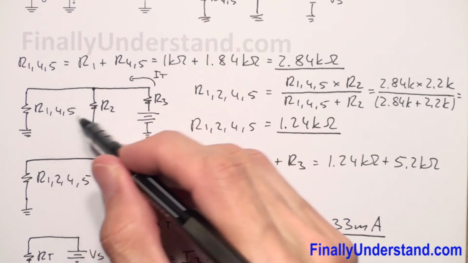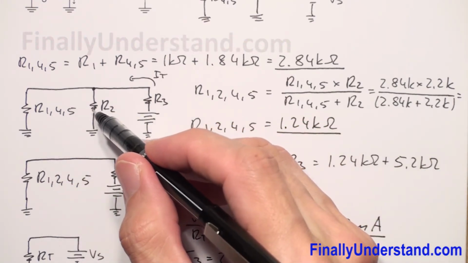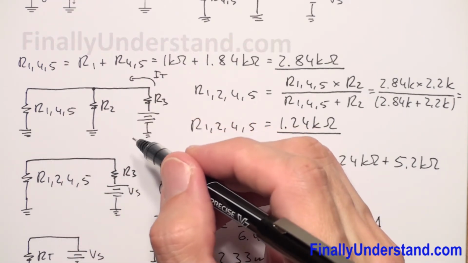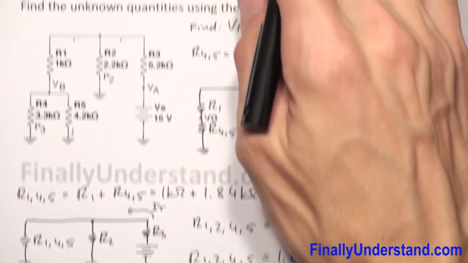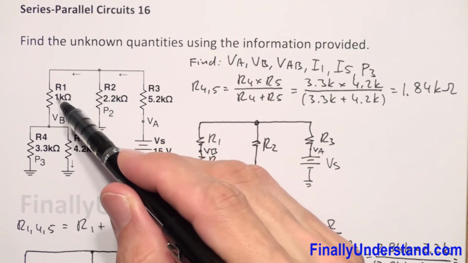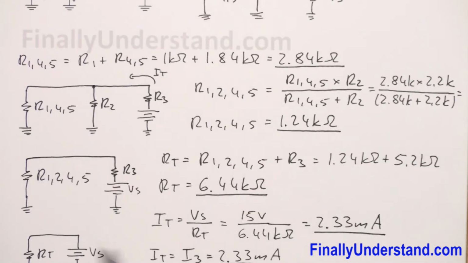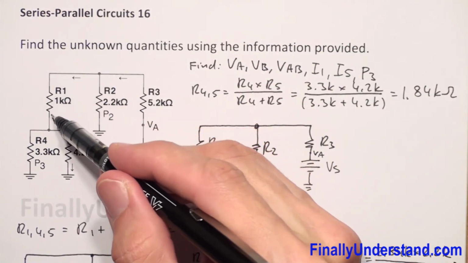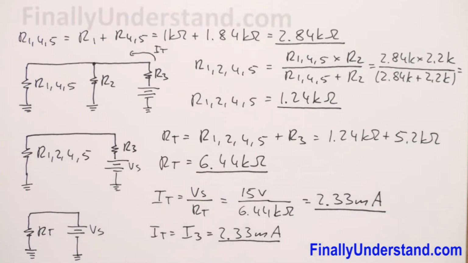So if I have a parallel circuit, I can use the current divider rule. I want to find the current which goes through the resistor R1. So what I'm going to do right now is use the current divider rule.